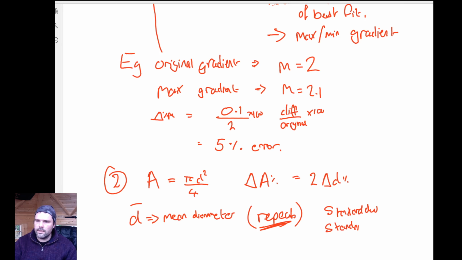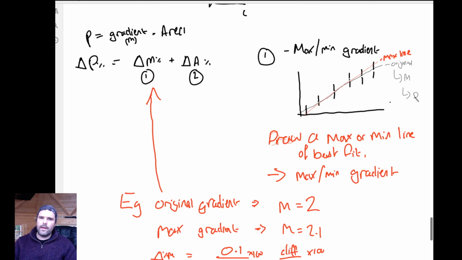And then standard error is the standard deviation divided by root n. So if you've done 6 different diameters, you can get the error in that, work that out as a percentage, and then double that gives you a percentage error in A. You can add those 2 percentages together now, and that will give you a percentage error in resistivity.